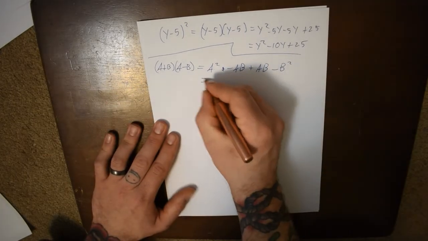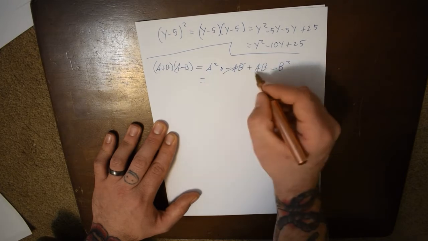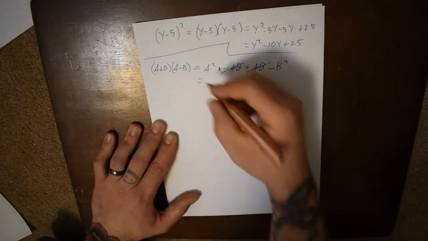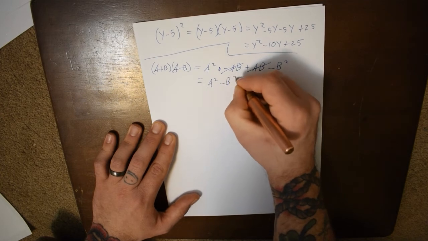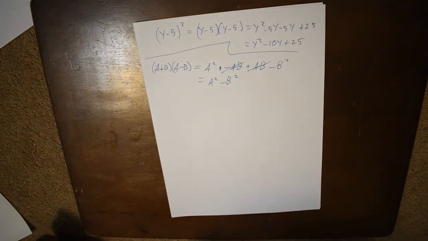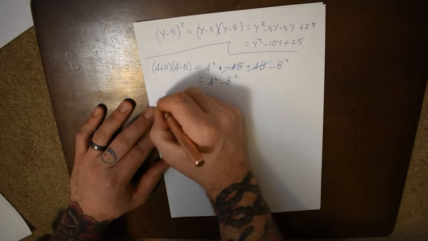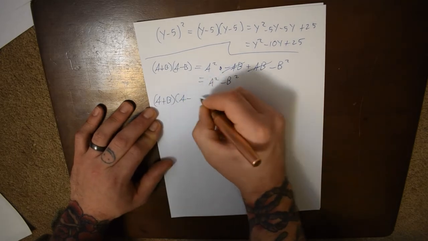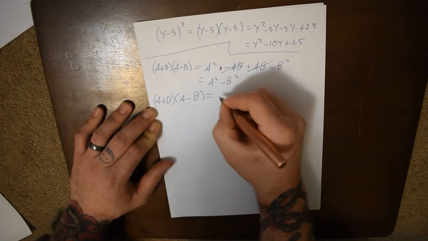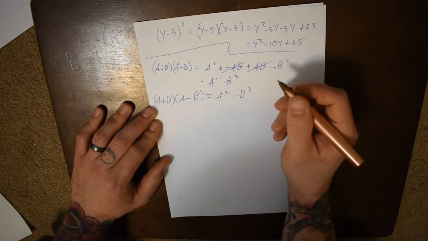When we go through and gather like terms, we've got this negative ab and a positive ab. They're going to cancel each other out, and we're left with a squared minus b squared. And so this is our new rule. We see that (a plus b) times (a minus b) is equal to a squared minus b squared.